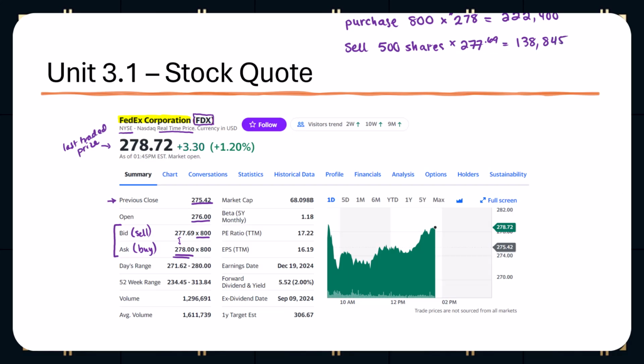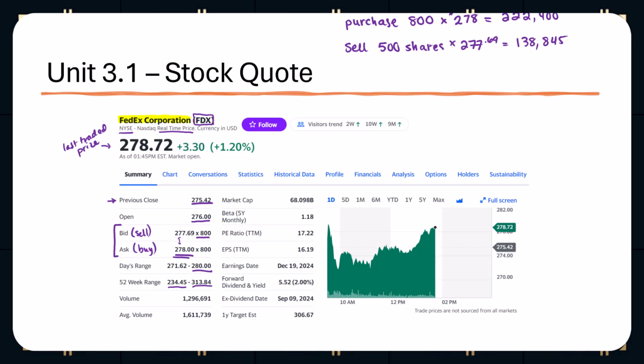Right, what other questions can we ask here? Well, we can look at the day's range. It's obviously trading close to its daily high, which was $280. It traded as low as $271.62. Its 52-week range is $234.45 on the low end and $313.84 on the high end. So it's right around the upper middle section of its 52-week range.